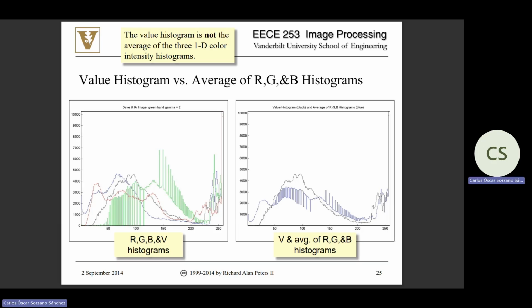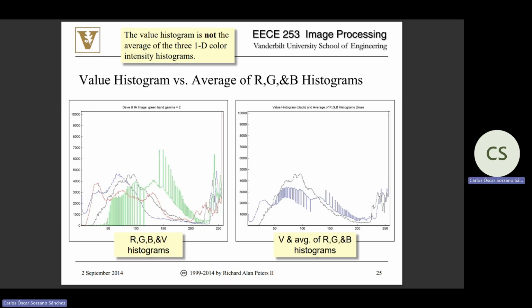And with the average, we compare here the value histogram with the average of the RGB histograms. So you take the red, green, and blue curves, you compute the average, this is what you get, the blue one. And the value histogram is the black one. So you see that they are quite different.